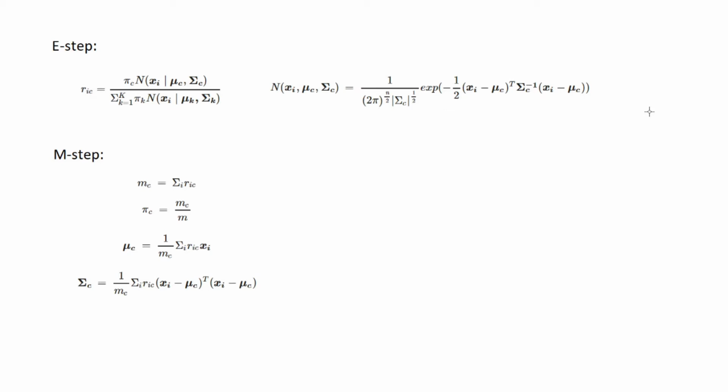But we can just say quickly that what this function can do is that given the parameters that define the Gaussian, which is the mean and the covariance matrix, and a certain point, it can evaluate the probability density function for this Gaussian at this specific point xi.